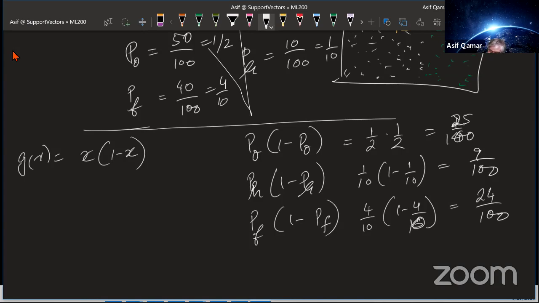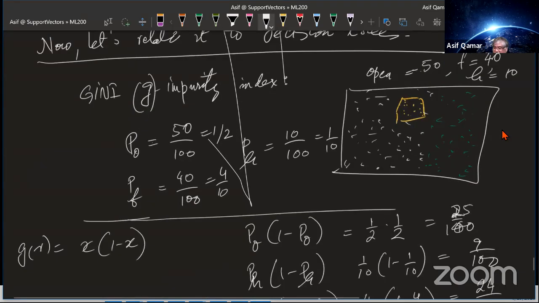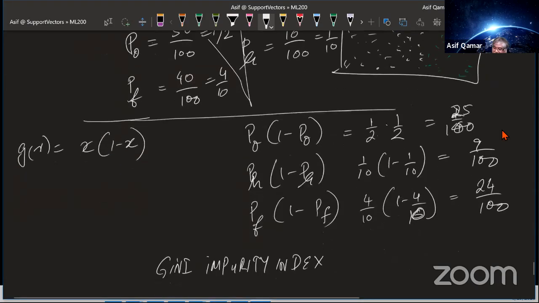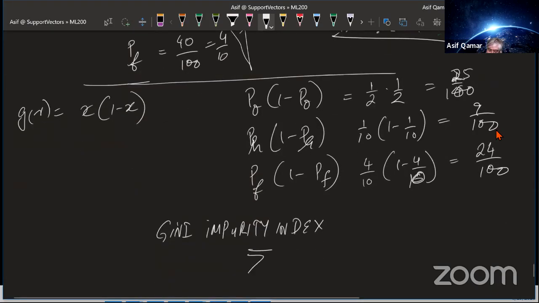So now what we can do is compute the Gini impurity index of this entire region before we split it. This is the summation of all of this: the sum over each of the classes, Pi times 1 minus Pi. So we add up these things.